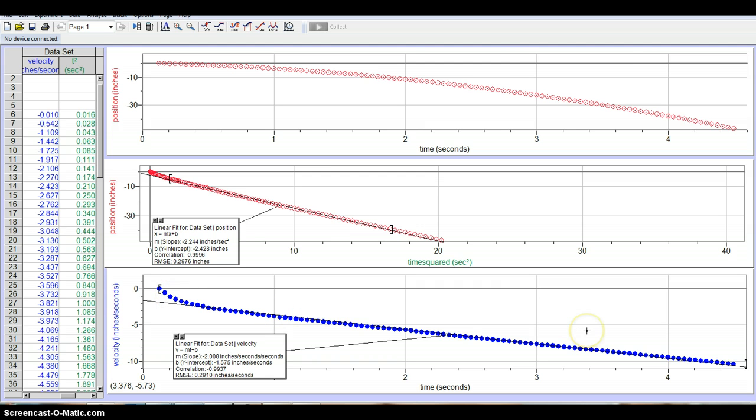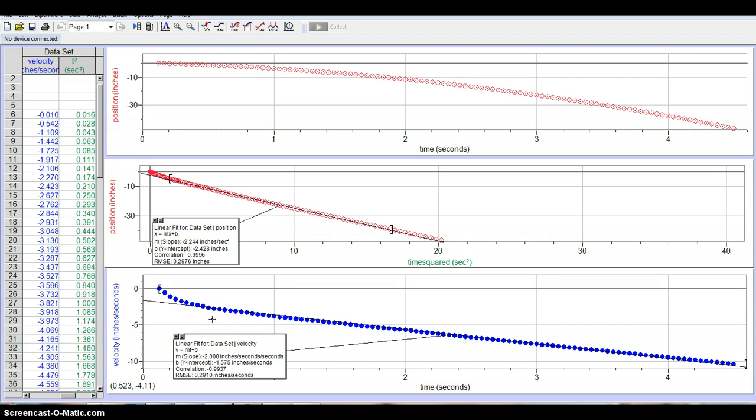They're more negative numbers, so they're increasing in magnitude, but they're all negative. So, like I said, the slope of this is negative, which means the acceleration is negative, and the slope of the line is about negative 2. We'll just say negative 2 inches per second squared. So therefore, the acceleration is constant at negative 2 inches per second squared.